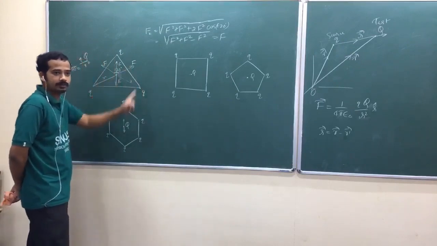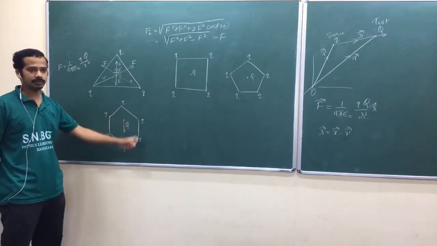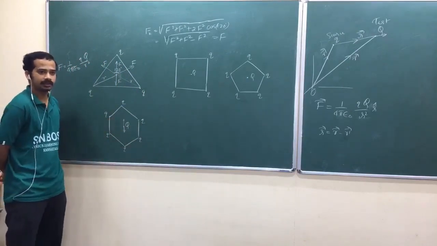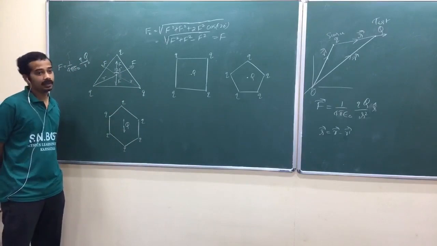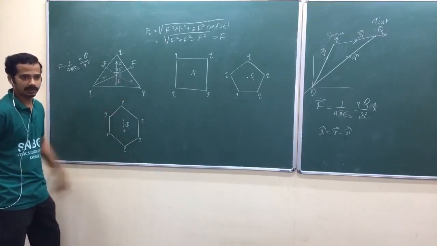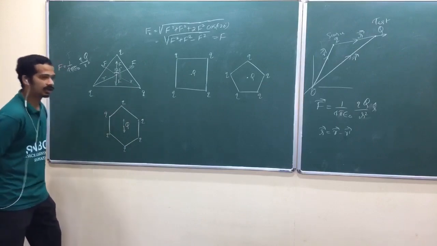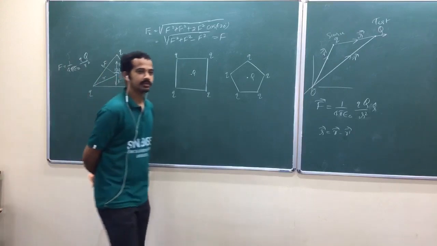Remember, if all charge is present, then it will cancel out. Look at here. If all charge is present in the hexagon, definitely it will cancel out. Yeah. Then there will definitely imbalance will happen. Am I right? Now let me talk about that one. All are present. Net charge at the center is 0.